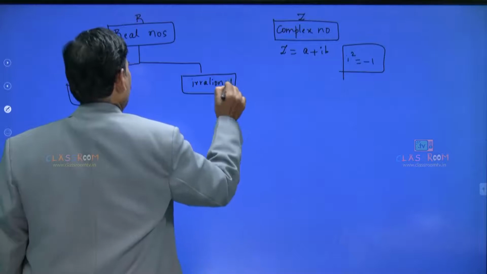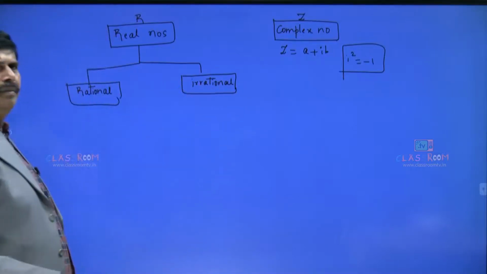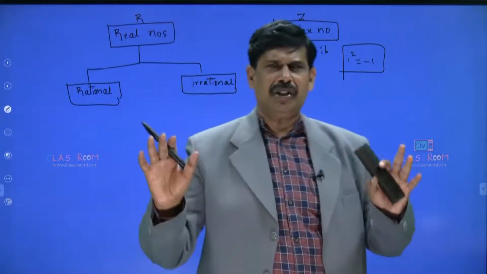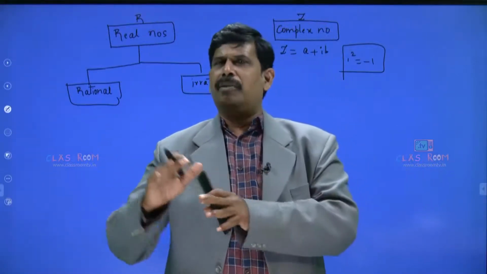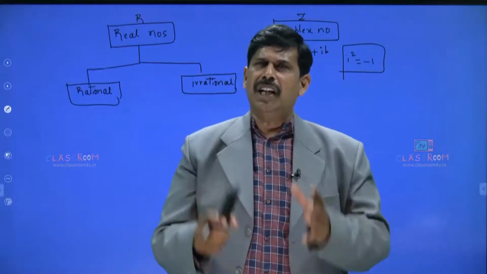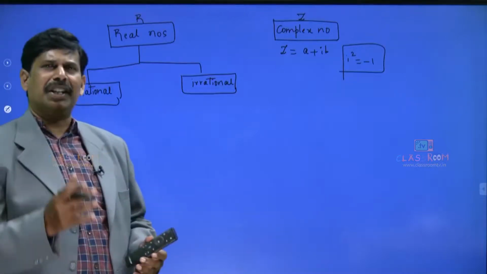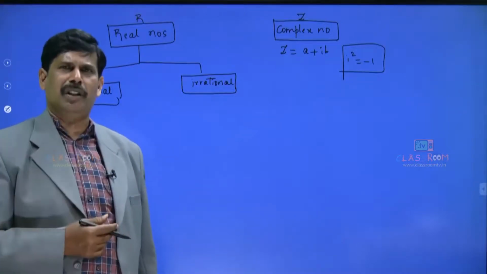So the real numbers will have rational as well as irrational. First, real numbers and complex numbers. That's the number system, it has two parts, real numbers and complex numbers. These real numbers have the set of rational numbers as well as irrational numbers.